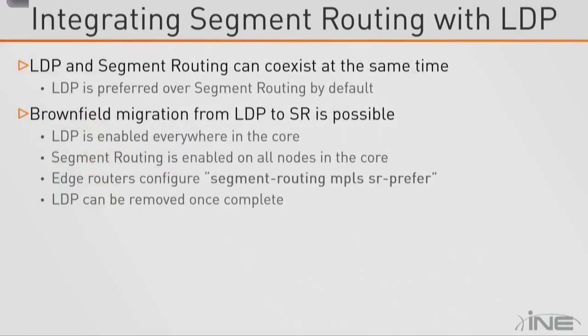Under the edge routers, we would configure segment-routing mpls sr-prefer. This just means that if you have an LDP label for the destination and a segment routing label, prefer the segment routing label. Once the edge routers are done, then LDP effectively could be removed from the core. Or you could just leave it there in case there's something wrong with segment routing, that you don't advertise a prefix that you need, then it's going to be advertised via LDP.